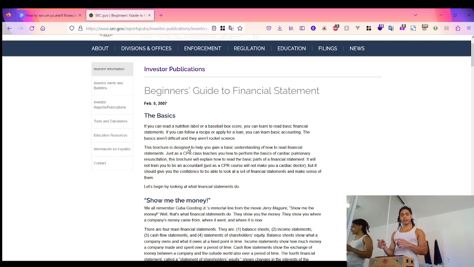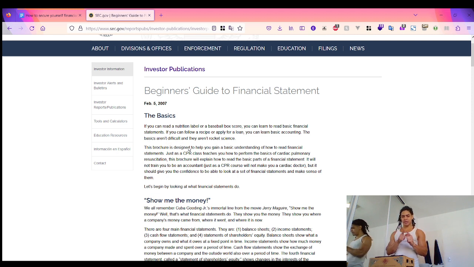So the bottom line is that it shows the company's net earnings or losses. So it shows if a company is making money or not, right?